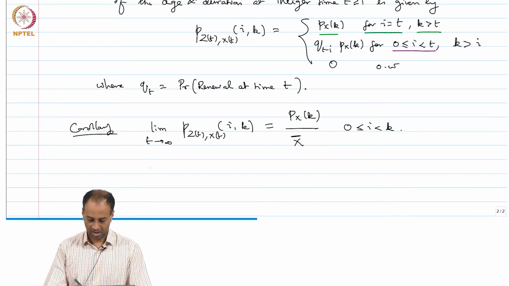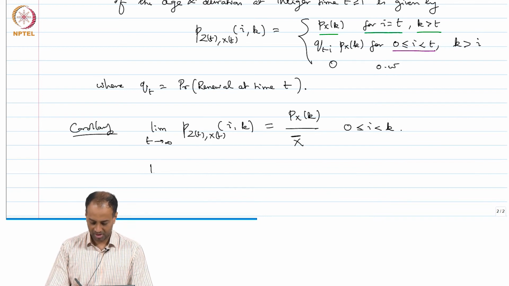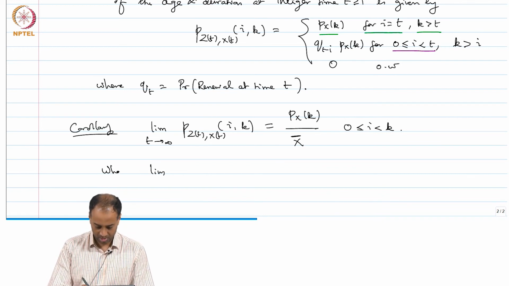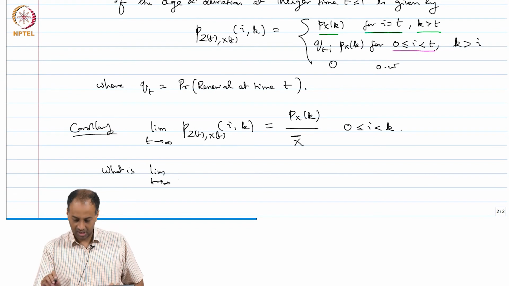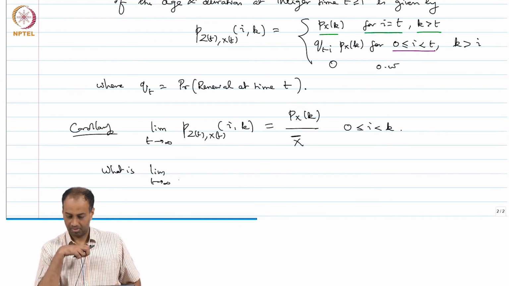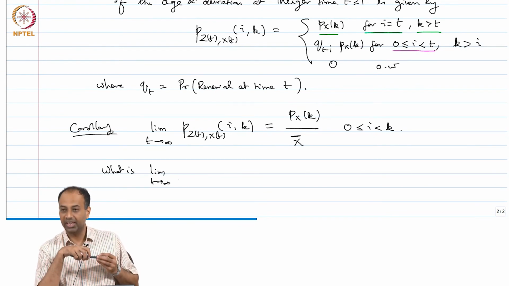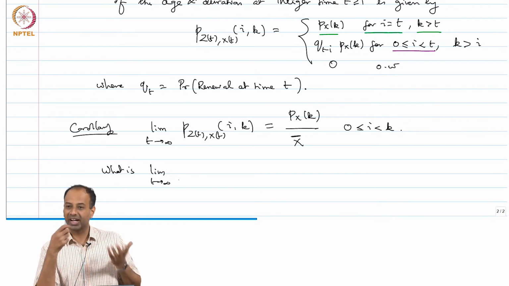So, what is limit t tends to infinity? If you look at the first term p x of k, when I is equal to t, the k is greater than t.